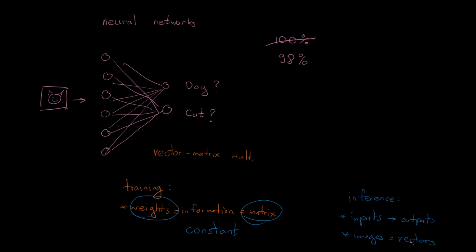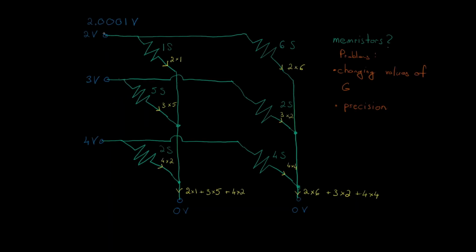So only these are going to change, but that's kind of good news for us because it's much easier for us to change these voltages on the left than it is for us to change the conductances in this matrix. So we kind of addressed one of the problems, okay? Because one of them was changing values of G. That's good news because during training, we get one set of weights, we encode that into the conductances of the array of resistors, and this doesn't change.